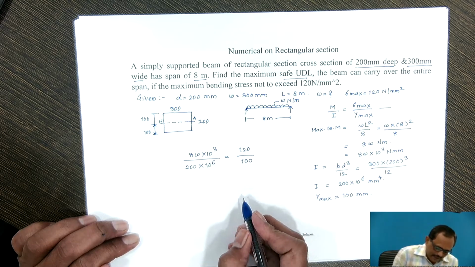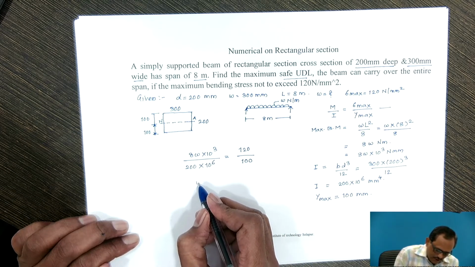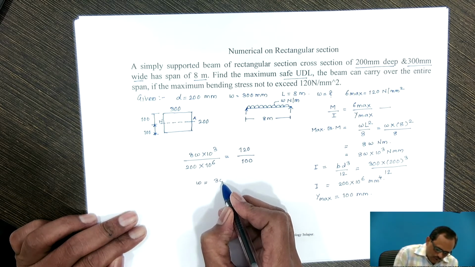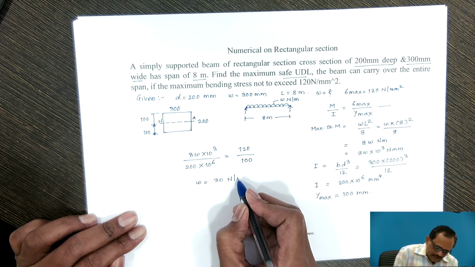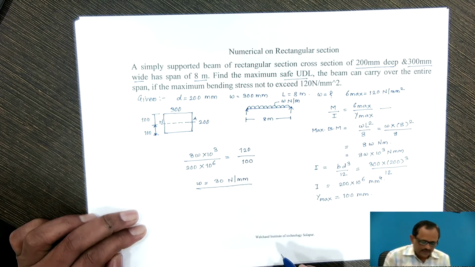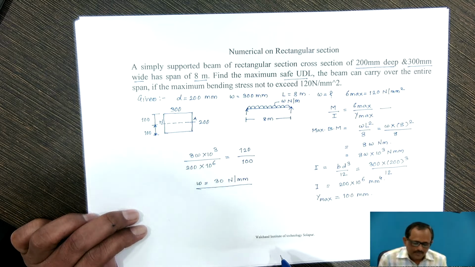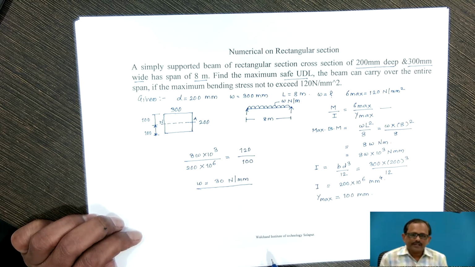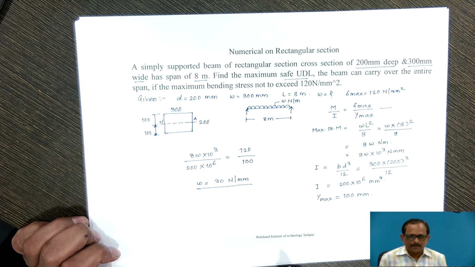By calculating this equation, we get the weight of load equal to 30 Newton per mm. So, the safe maximum weight of load will be equal to 30 Newton per mm.